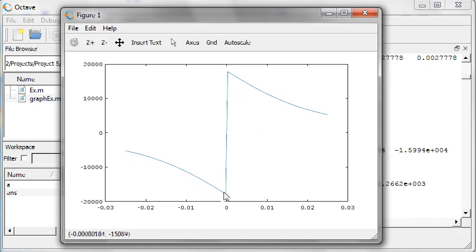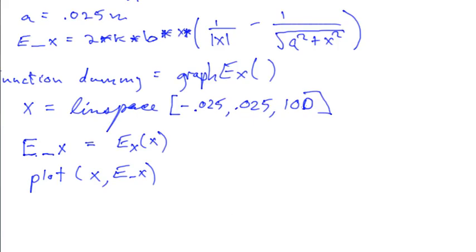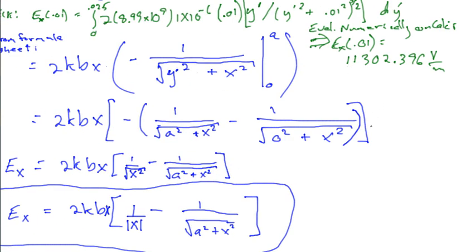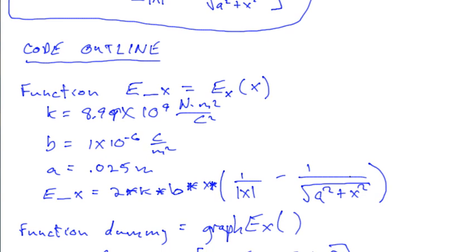And to the left of the origin, the X component of the electric field is pointing in one direction, so negative values. And the closer I get to the line of charge, the greater the magnitude of that electric field. And then it jumps to another, and at 0.01 it looks like it's about 12,000, which, what did I get up here when I did the check? 11,300, so that seems reasonable.